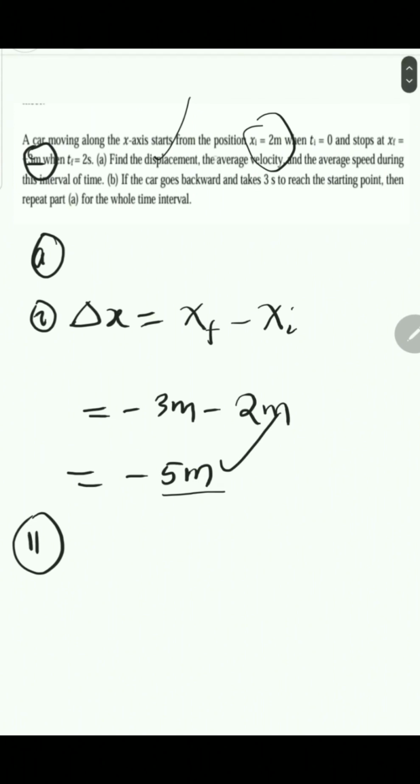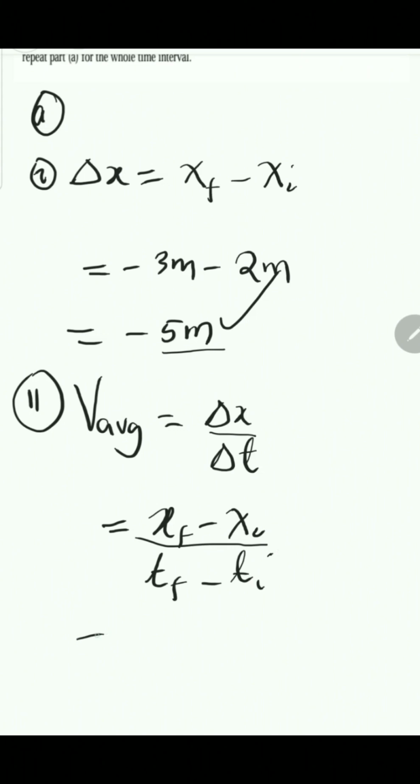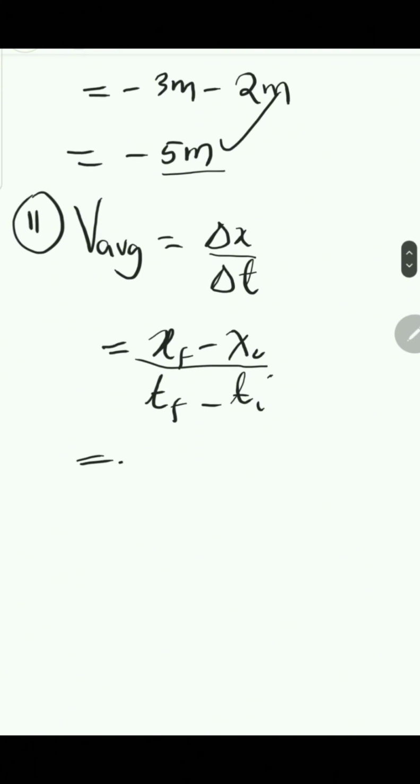Coming to the second one, where we find the average velocity. In this case, our average velocity will be the displacement over the change in time. The displacement we had is -5, the overall change in position, final minus initial. For the final, we have -3, then minus 2.